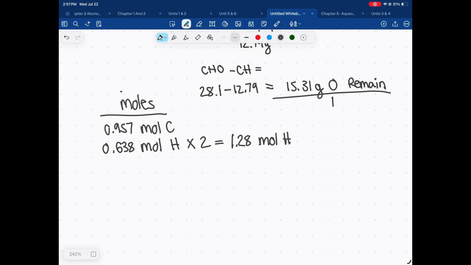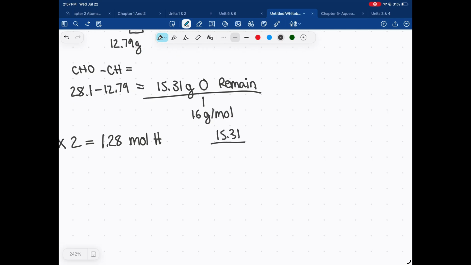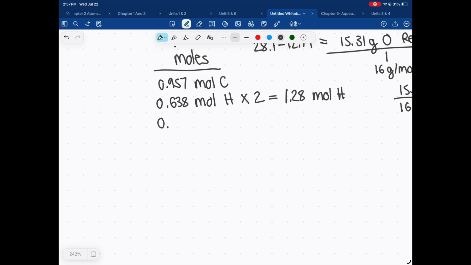To determine oxygen, we have to take the mass that we know by the molar mass. That gives me the moles of oxygen.